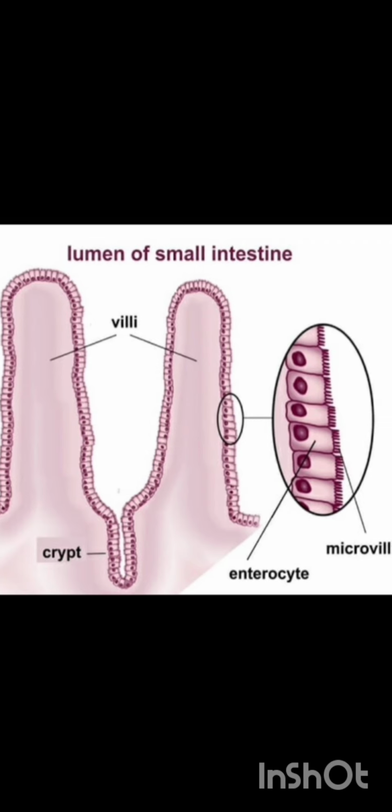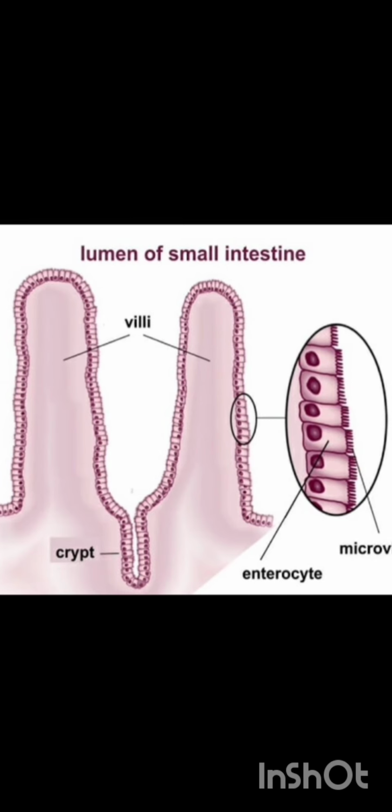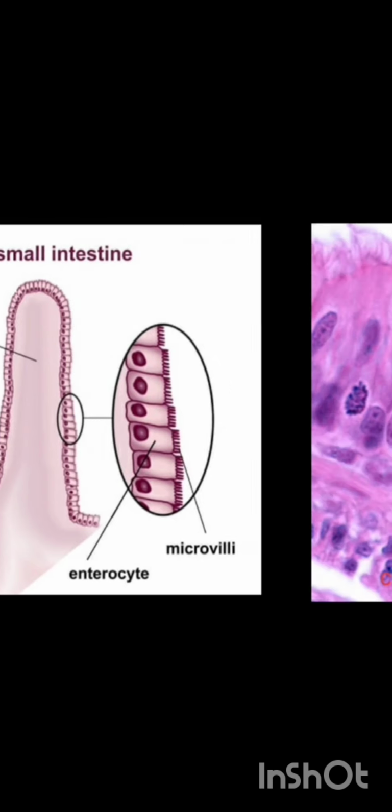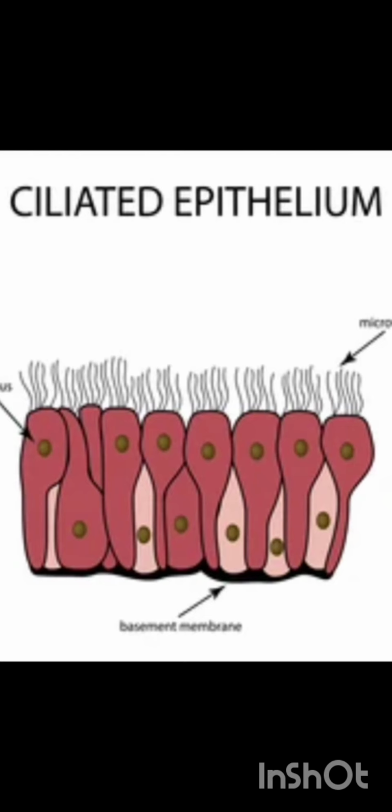It is seen in the trachea of the windpipe, bronchioles of respiratory tracts, kidney tubules and fallopian tubes of oviduct. This is ciliated epithelium. You can see cilia in this microscopic view, which is similar to a diagram in your book.